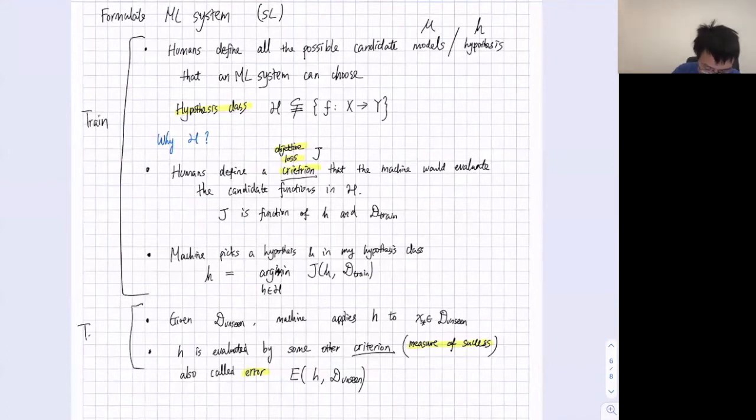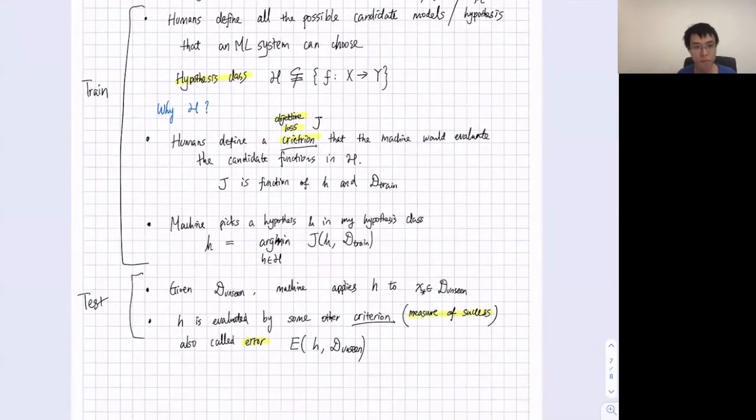Now, in the test phase, we are given some unseen data, and I have some other criteria, maybe the same, maybe different, which is known as the measure of success, or also known as error, which is a function of your hypothesis as well as the unseen data, okay? This unseen data is almost always different from your training data. It's extremely unlikely that they are exactly the same. Maybe very few samples are the same, but usually they are very different, okay?